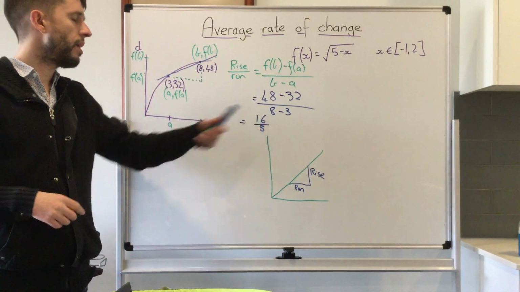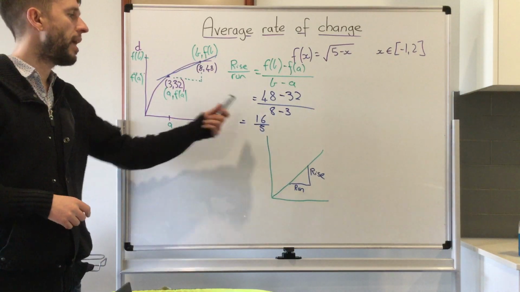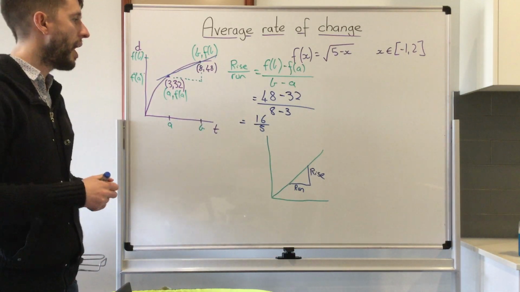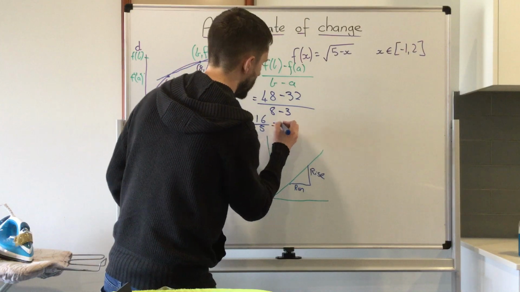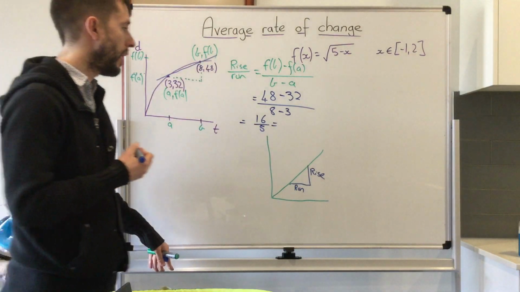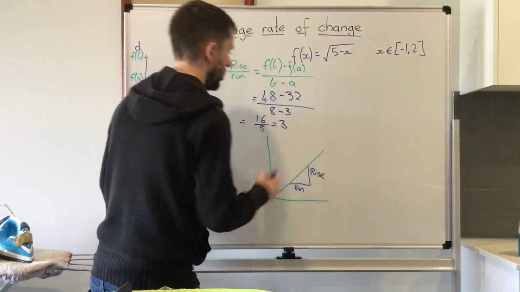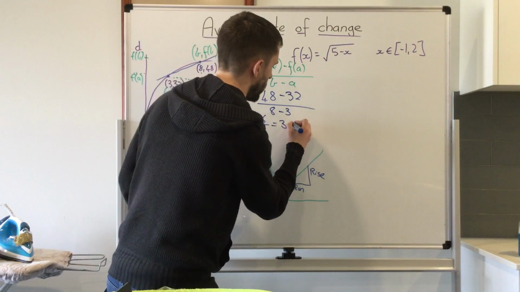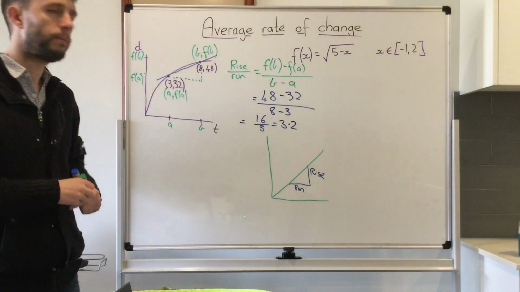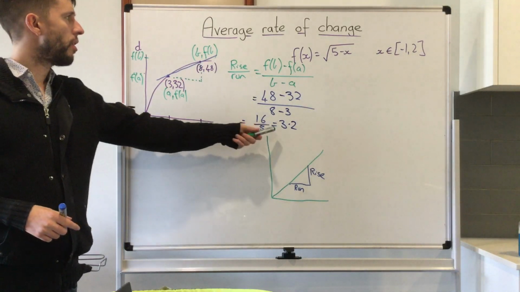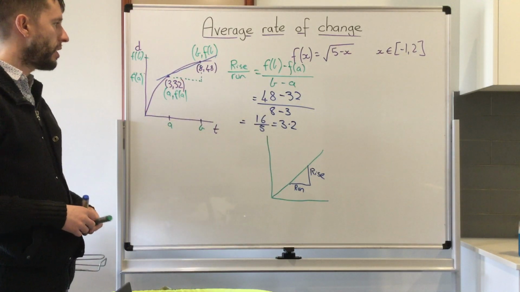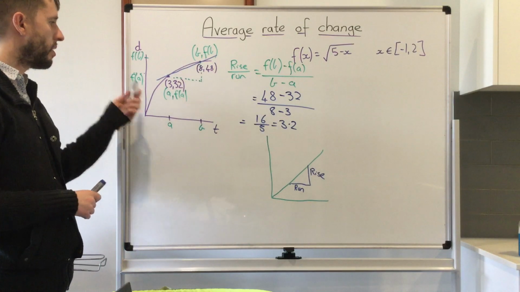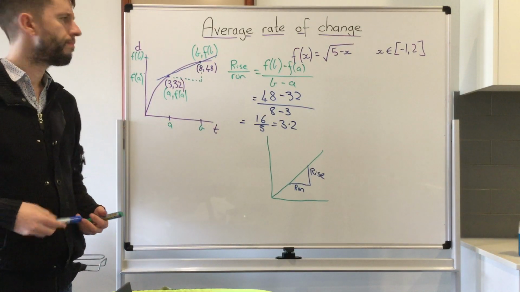So this is my average rate of change. I am able to also write it as a decimal if I would like. So it's 3 and 1/5, which is also 3.2. So that is my average rate of change between distance and time.